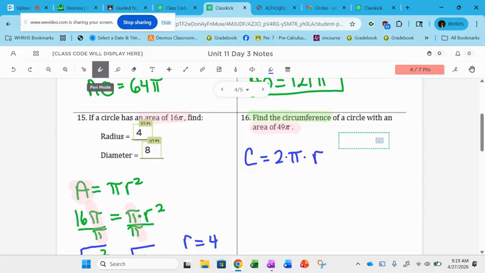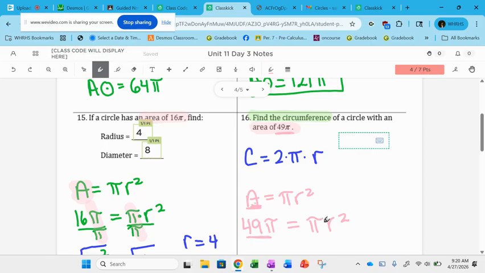So now I have to use the area formula. Well, the area is pi r squared. And they're telling me that the area is 49 pi. So I'm going to say 49 pi equals pi r squared. And guess what I'm going to solve for? I'm going to solve for the radius.